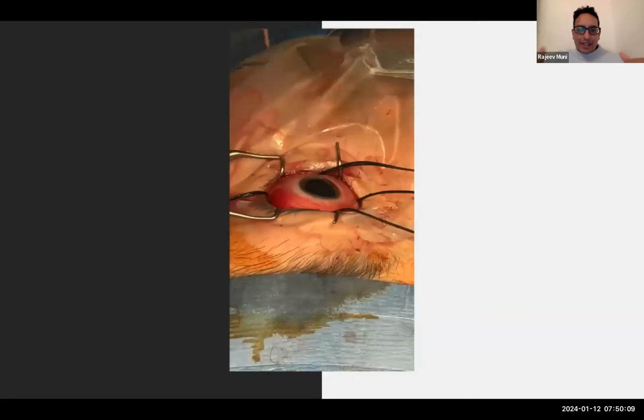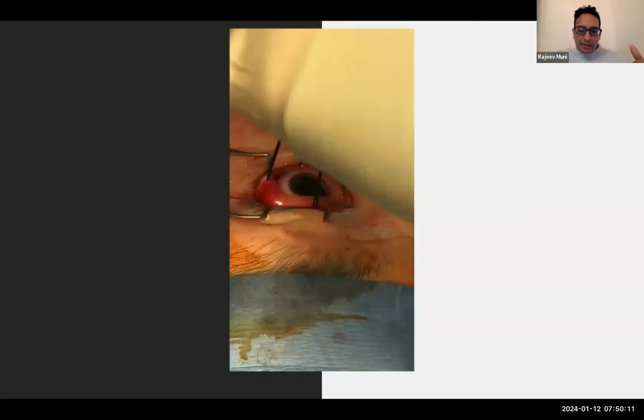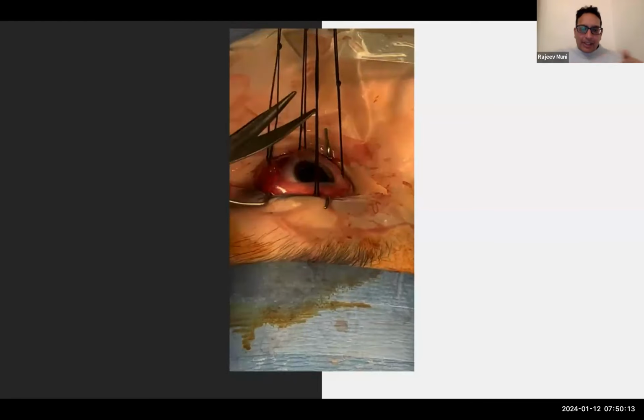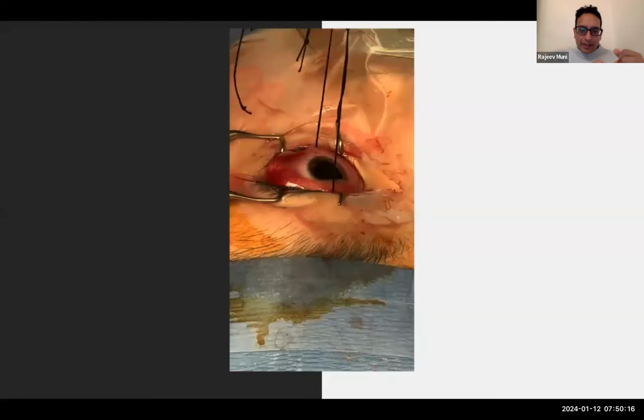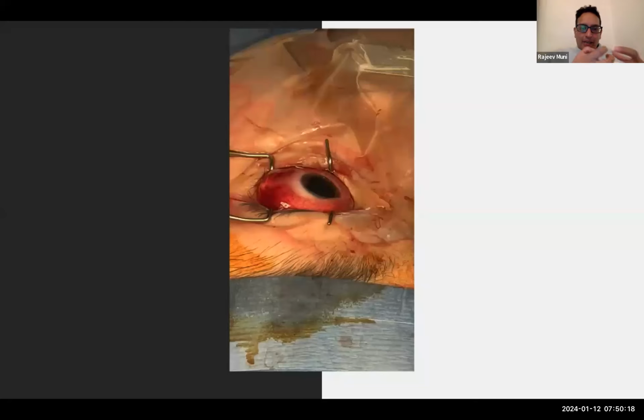Sometimes it's harder, right? Because you're trying to pass things and get the band out through the other radial incision, and so that's a lot of instrumentation in those small spaces. So we probably don't have the exact right way of doing this, and there are probably better ways with finer instruments.